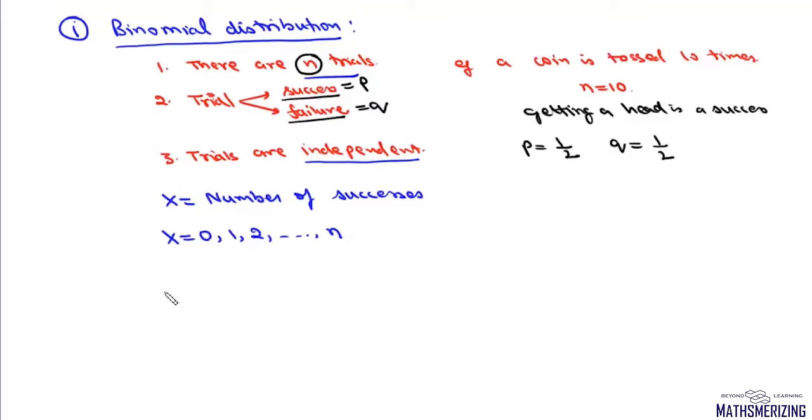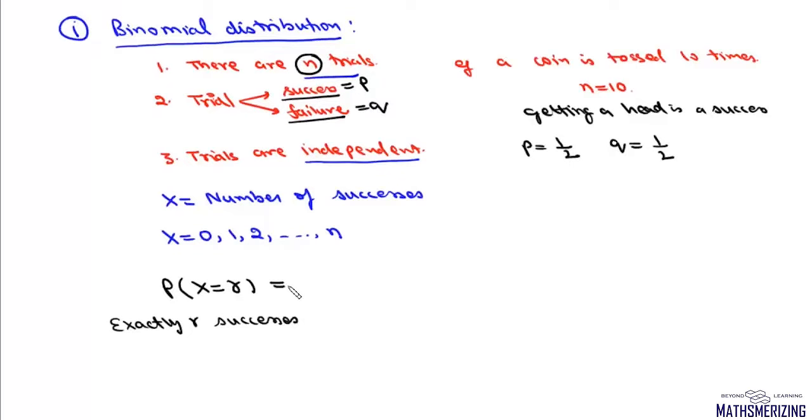Now we have to find the probability that the random variable x is equal to r. This is the probability of exactly r successes out of these n trials. Out of these n, r must be successes and n minus r must be failures.